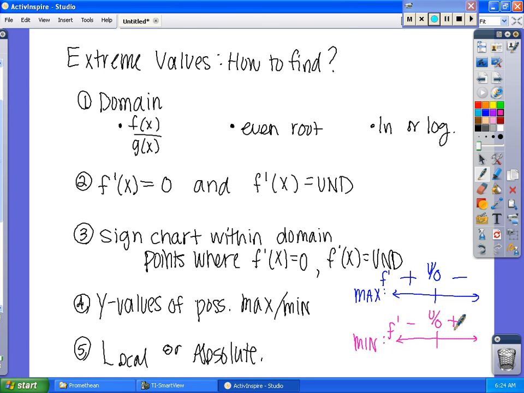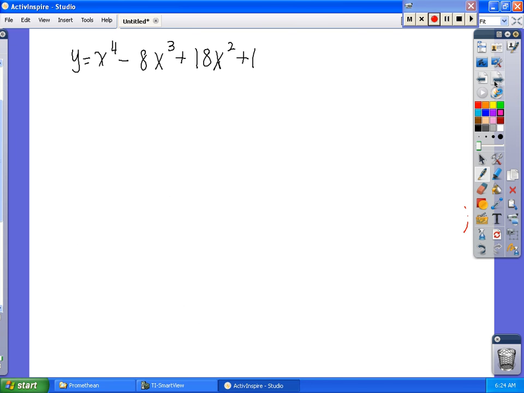So I'm going to start off with a polynomial example. In this problem, we have a defined domain of all real numbers, which means that EVT will not hold because we don't have a closed domain. But let's go through step 2, which says take the derivative, which is 4x cubed minus 24x squared plus 36x. Set it equal to 0.